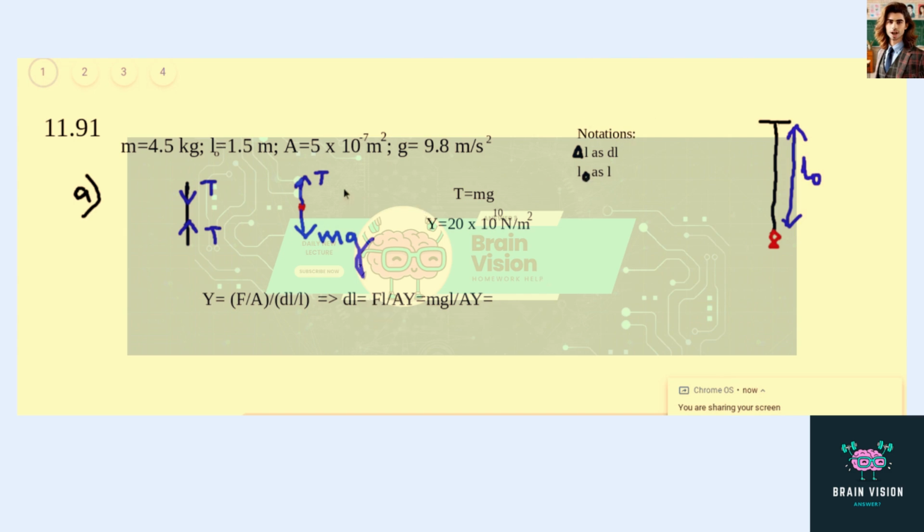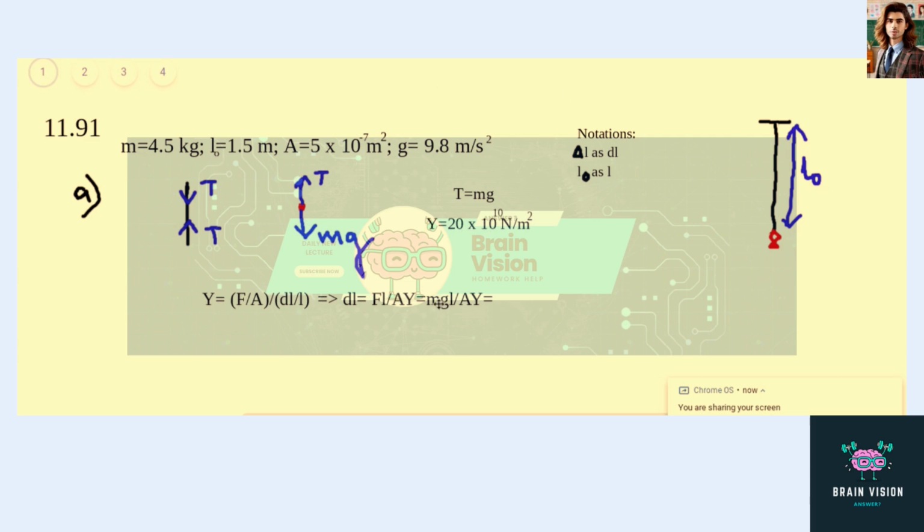So we have all the unknowns here except for the Young's modulus. Young's modulus is basically a constant, and our wire is made of steel. For steel, the Young's modulus is 20 times 10 to the power 10 newtons per meter squared.